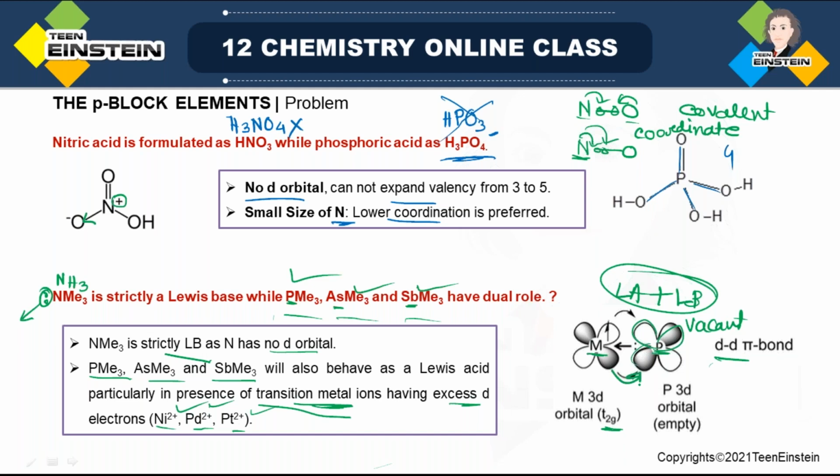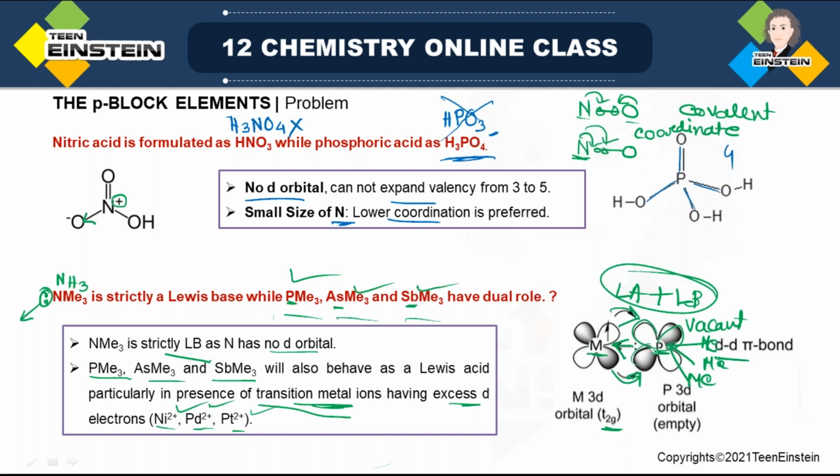But see, now the metal is donating electrons. First, what happens? Phosphorus will donate electrons to the metal. So phosphorus here is acting as a ligand, that is trimethyl phosphorus. I am writing here 3 methyl groups, not just methyl, it may be any other alkyl group also.